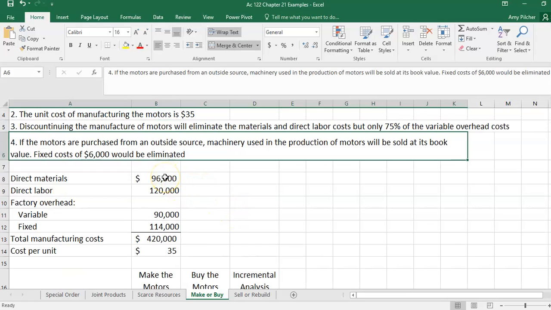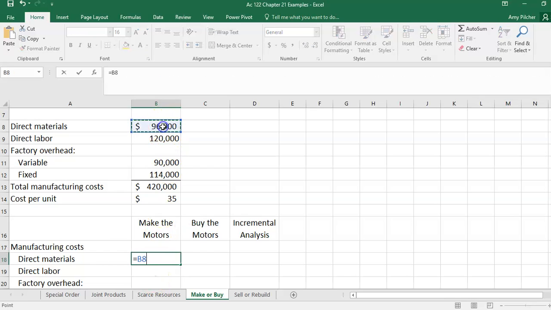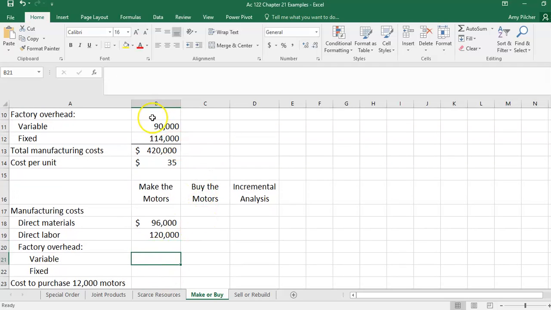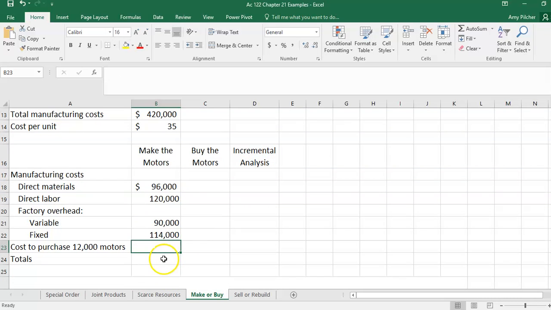If we make the motors, we have direct materials of $96,000, direct labor of $120,000, variable overhead of $90,000, and fixed overhead of $114,000.